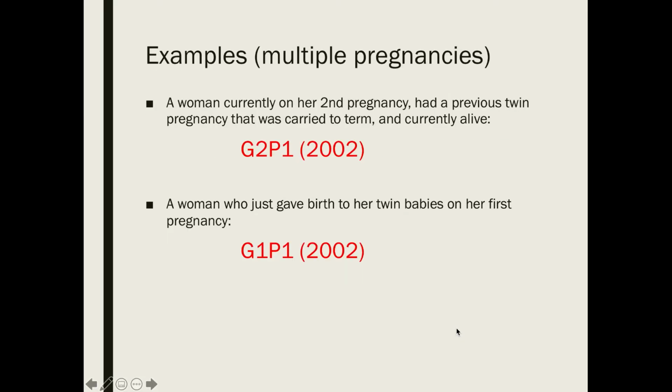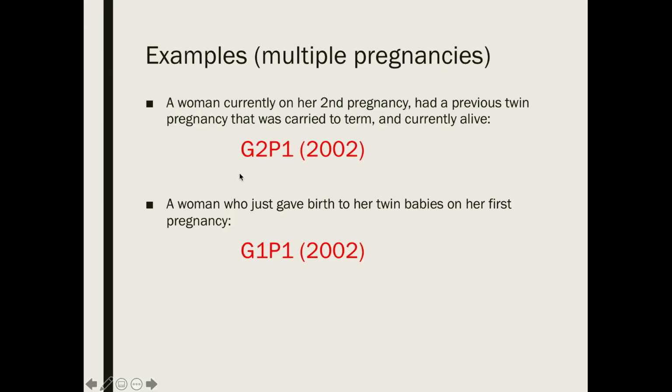Okay. So what about if the patient is carrying multiple pregnancies or had a history of multiple pregnancies? Okay, so we have here a woman currently on her second pregnancy and had a previous twin pregnancy that was carried to term and currently alive. Okay, so how will you denote that?